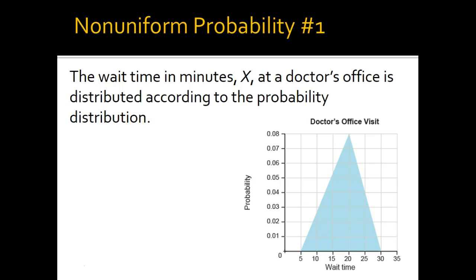So it's a continuous variable, so we can't just have discrete percentages, but we can see that there's this trend in percentages. So the probabilities go up, so that the highest probability is for 20 minutes, the 20-minute wait time is the most likely wait time. And then for longer and longer wait times, the probabilities go back down again.